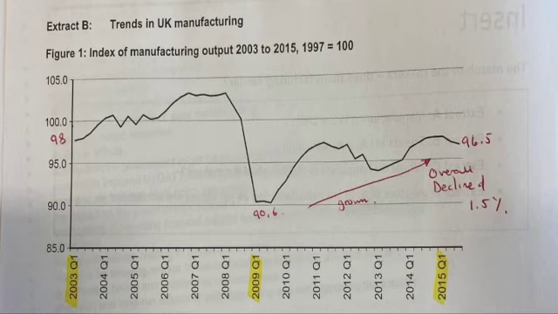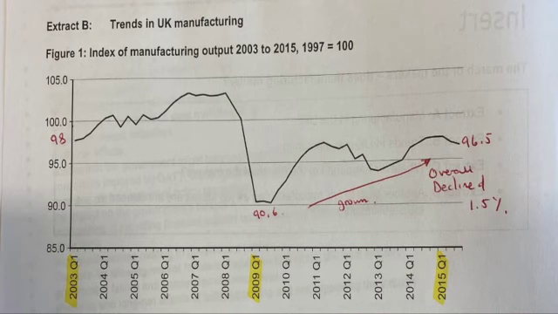And I want to have an overall understanding from 2003 to 2015, because that's what the question was asking for in terms of how the manufacturing sector, if it has declined or not. So what I've noticed is an overall decline of 1.5%. However, I have noticed that since 2009 quarter 1, there has been some growth. So I am going to consider that as well.